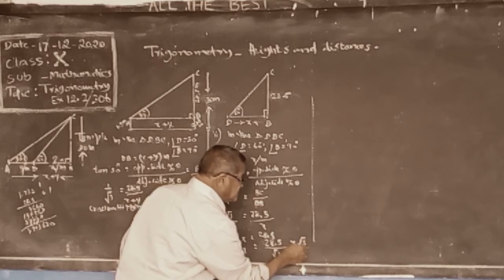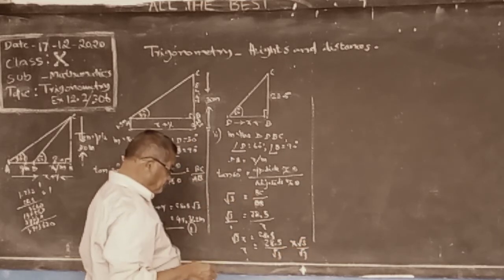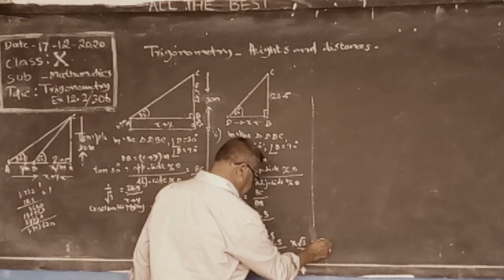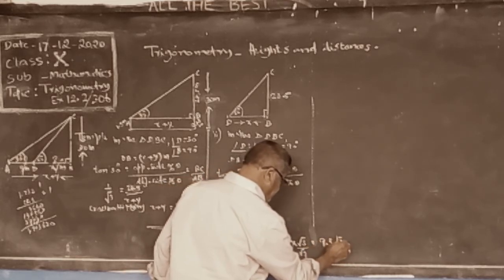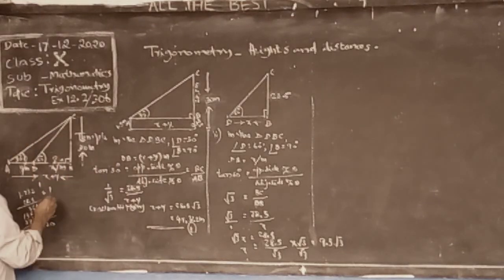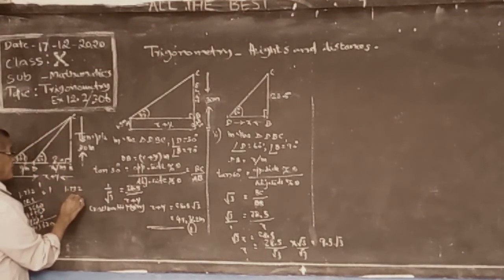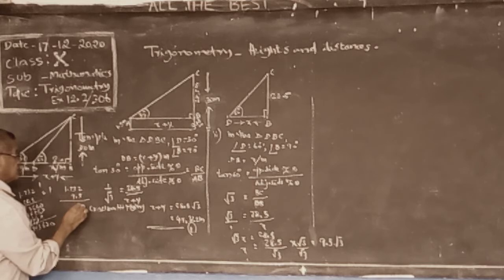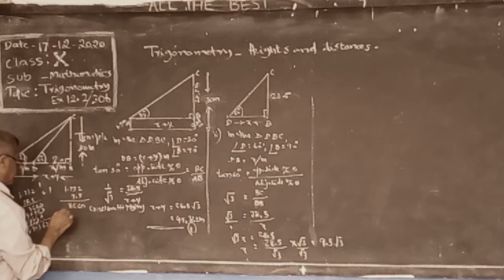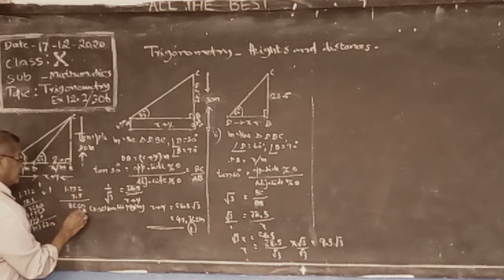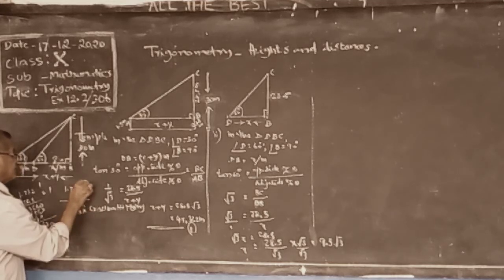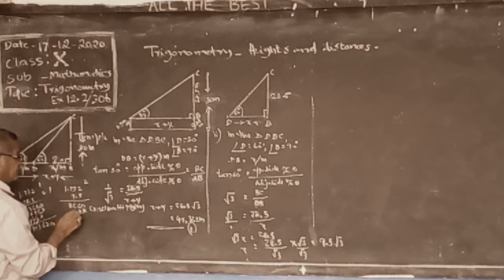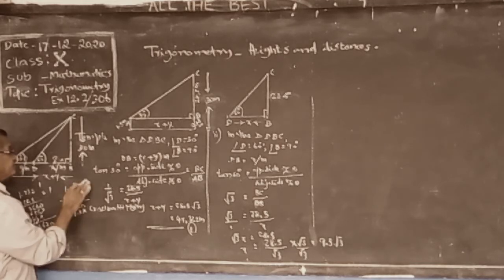Rationalizing: root 3 9s are 27, 3 5s are 15, so 9.5 into root 3, that is 9.5 into 1.732. 5 2s are 10, 15 1 16, 35 1 36, 8. 9 2s are 18, 27 1 28. 9 2s are 18, 27 to 29, 63 to 65, 50.